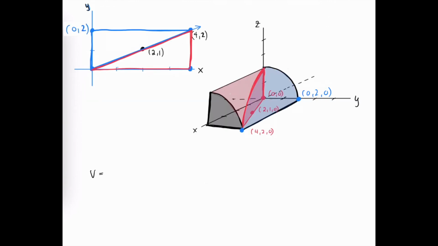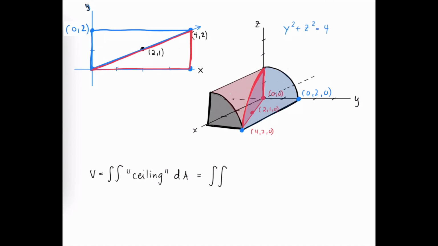So remember, the volume is going to be calculated by using a double integral. The integrand is going to be the ceiling function, or the surface that's on the top of that solid, and then we'll say dA for now until we decide on our order of integration. But let's consider what that ceiling function would be. The cylinder was y squared plus z squared is equal to 4.